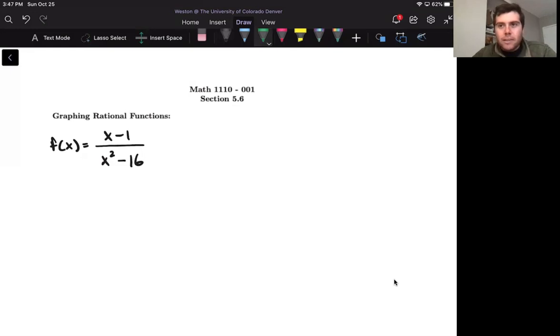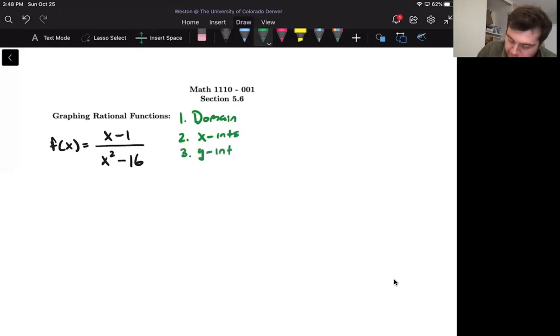So on the next midterm or exam, when you have a note card, it's probably best to make sure you write down all the things you need for these graphs. One, we want domain. Two, we'll want x-intercepts on our graphs.